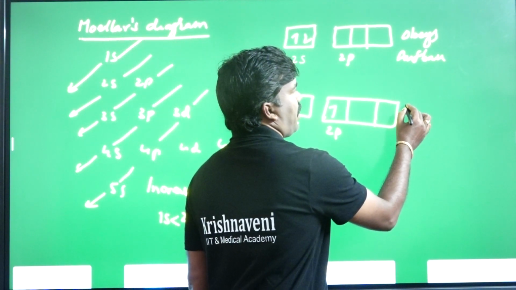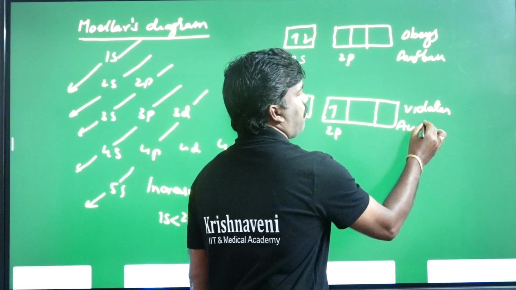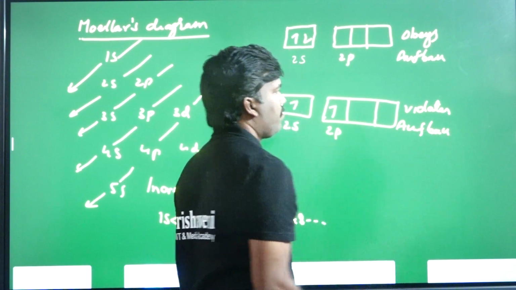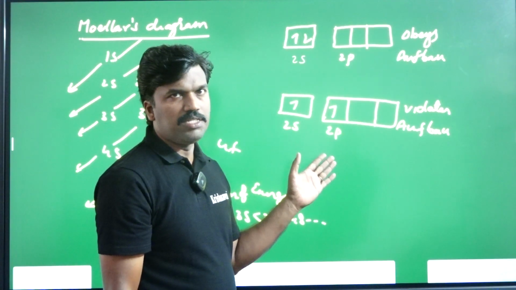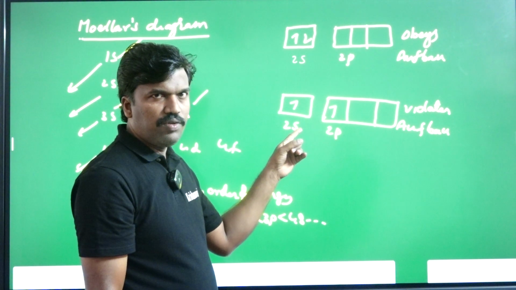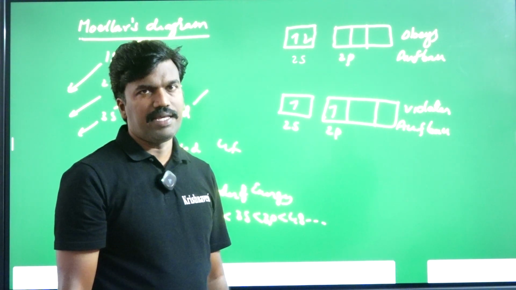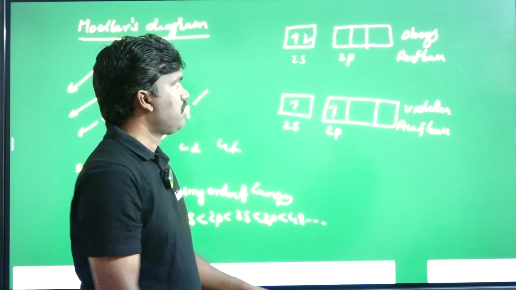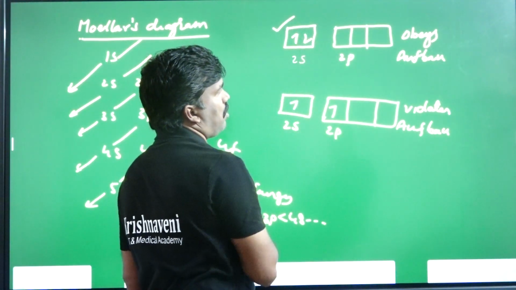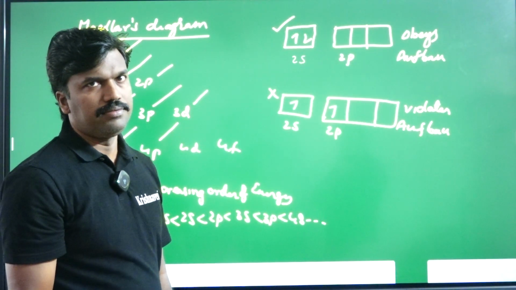So this violates the Aufbau principle. Without filling 2s orbital, electron enters into 2p orbital, which has higher energy. So the other one is correct according to Aufbau principle, and this is wrong.